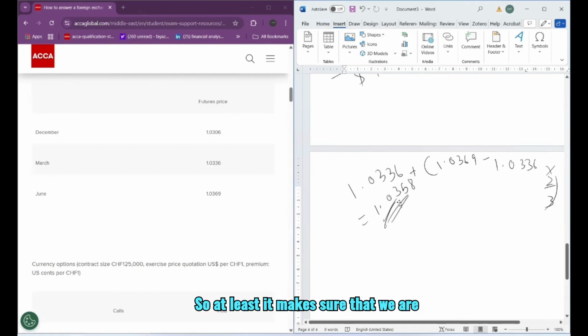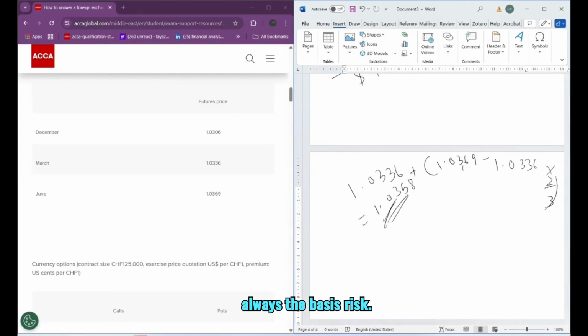So at least it makes sure that we are accounting for the future spot rate and the current futures price at which we are going to exercise. For example, if you would have taken the March futures, and we are finding out the difference between that, because the difference between the spot price on the maturity date and the futures price is always the basis risk.